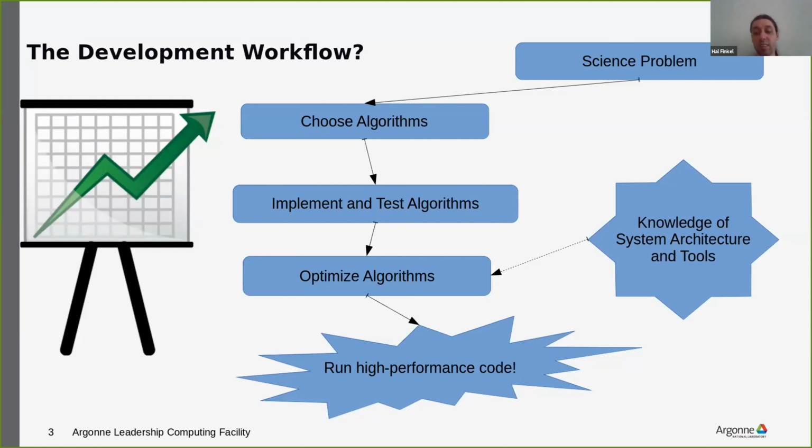And the sad truth, perhaps, is that that doesn't actually work very well, and works increasingly less well over time. The important thing to realize is that the real workflow has to look something more like this. You have your science problem, and then you consider your target architectures.